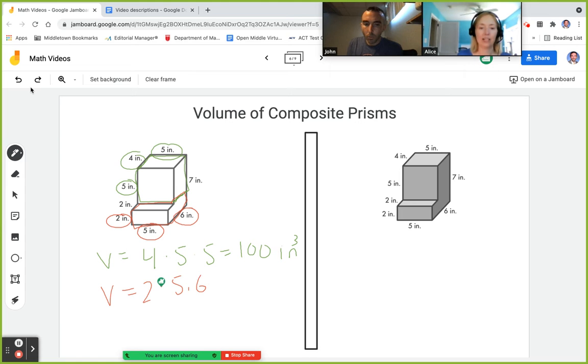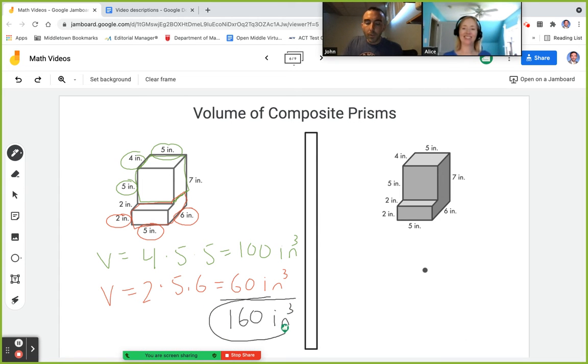So 2 times 5 is 10. 10 times 6 is 60. So I get 60 cubic inches. And now I'm just going to add them up because I've got the two shapes and I want the volume overall. So that's 160 cubic inches. That's the volume of my composite prism.